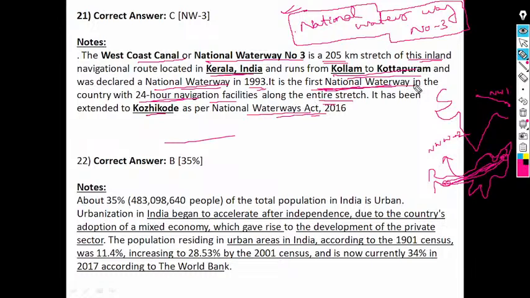It is the first national waterway in the country with 24-hour navigation facilities along the entire stretch. It has been extended from Kozhikode as per the National Waterway Act 2016, Kozhikode to Kochi.